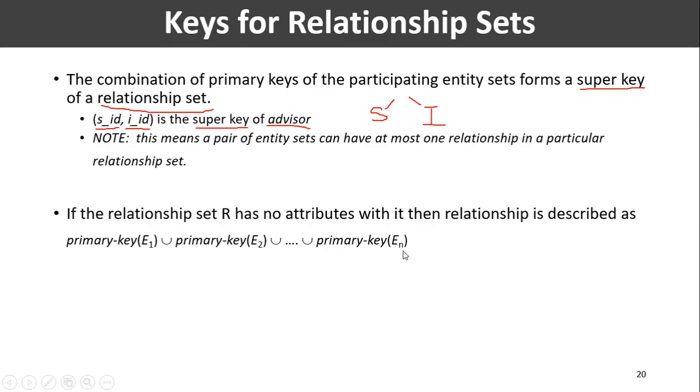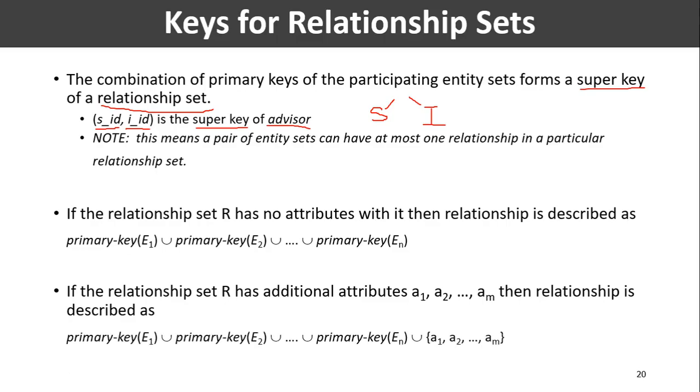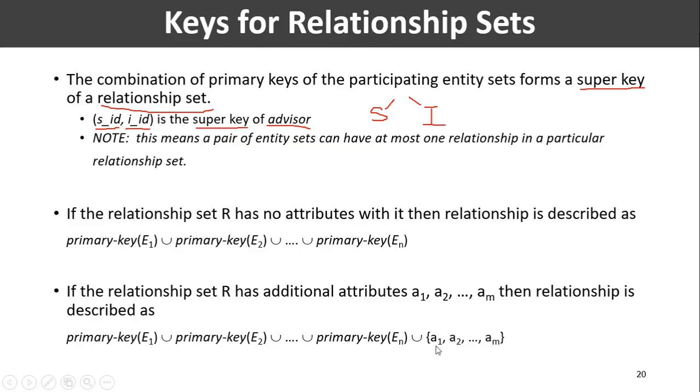So if E1, E2 up to En are the entity sets participating in the relationship R, then the primary keys of all those entity sets together will form that relationship set R. Now, in the other scenario, if the relationship set R has its own additional attributes, say A1, A2 up to AM, then this relationship R is described as the union of the primary keys of the participating entity sets along with the set of attributes A1, A2 up to AM.